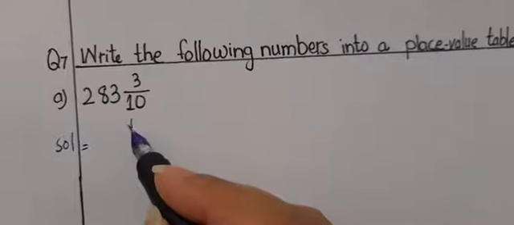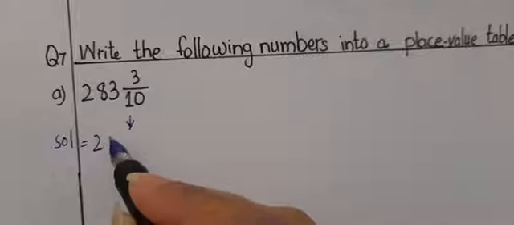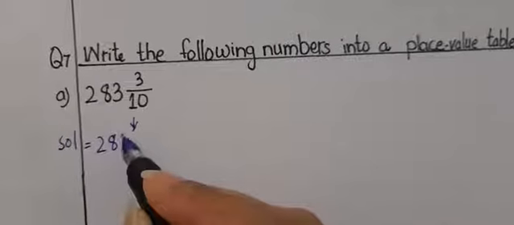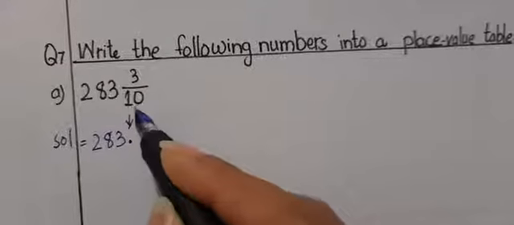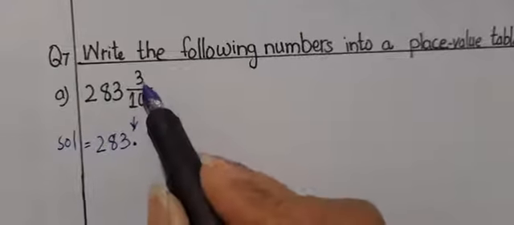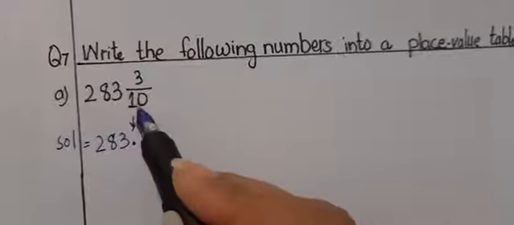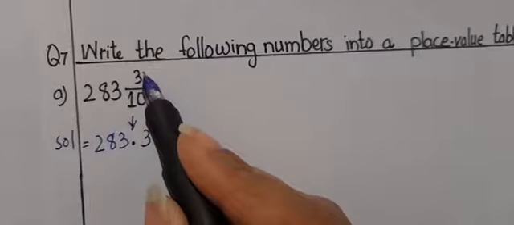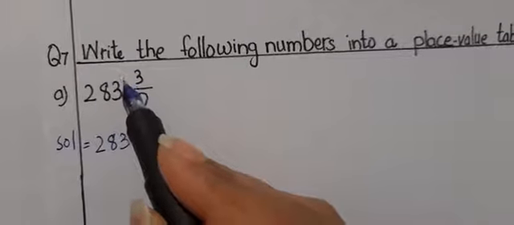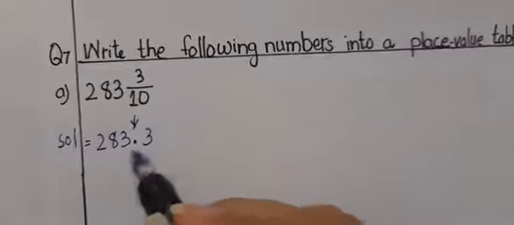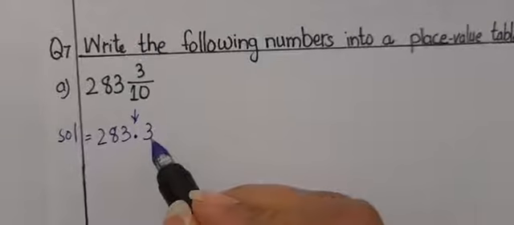So I will write 283 as it is, and this is 1, and 1 will turn into the point, as 1 has 1 zero and there is 1 digit above, so I will write the numerator 3. If it was 100 and it had 3 above, I would write a 0 before 3, because 03 also means 3. So it is now 283.3, and 3/10.